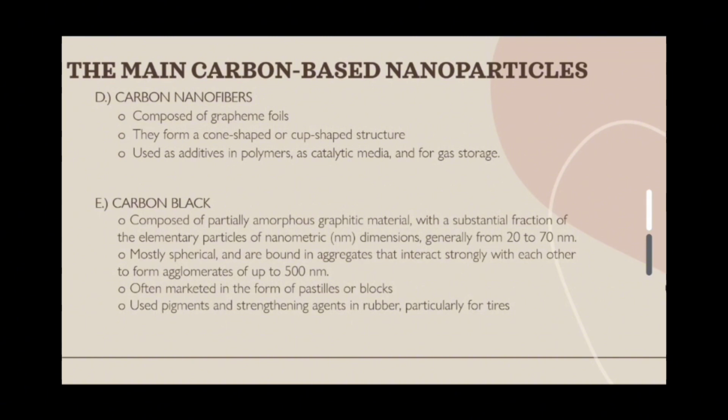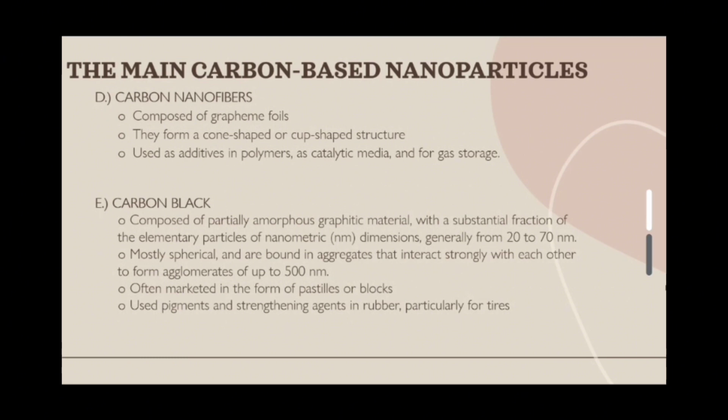of which a substantial fraction are elementary particles of nanometric dimensions, generally from 20 to 70 nanometers, mostly spherical and bound in aggregates that interact strongly with each other to form agglomerates up to 500 nanometers.